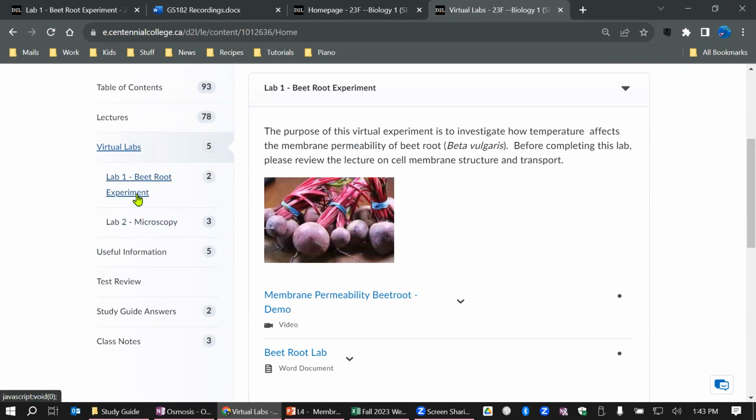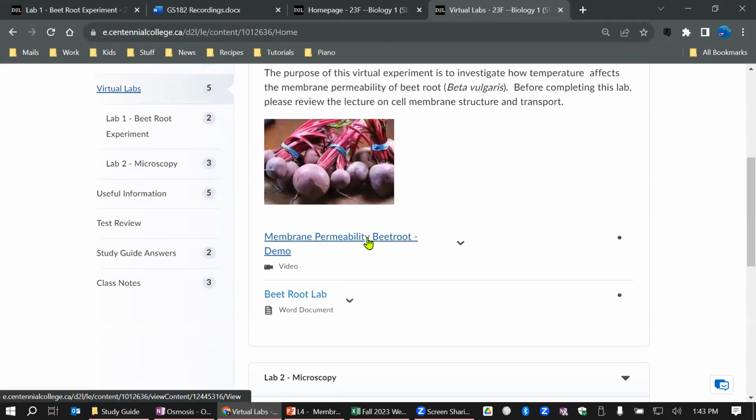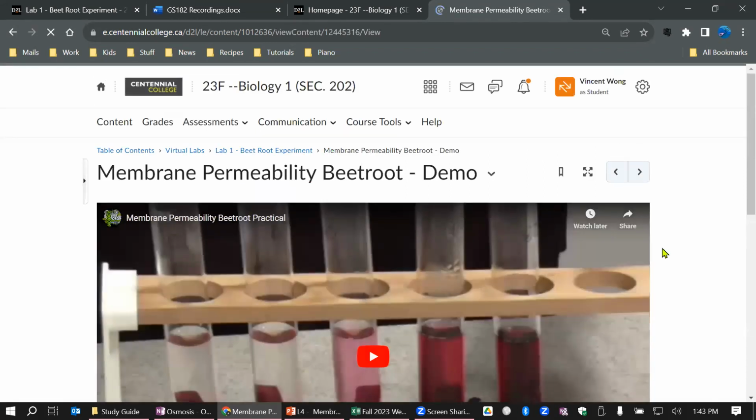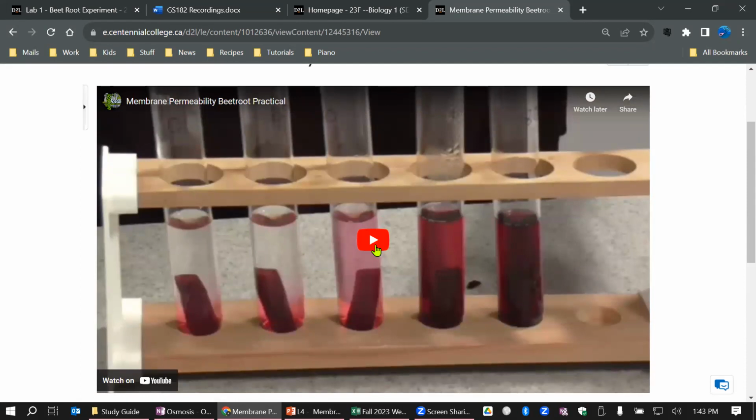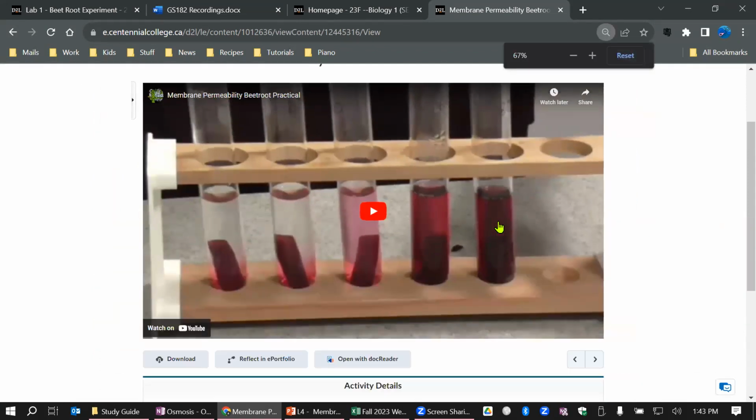So we will be doing the beetroot experiment. There is a video that you have to watch. It's a short video, only 8 minutes long, and it's someone doing the lab.